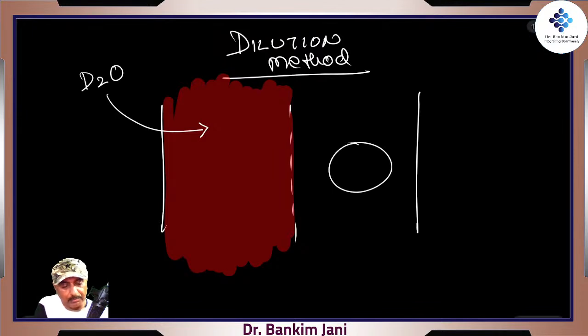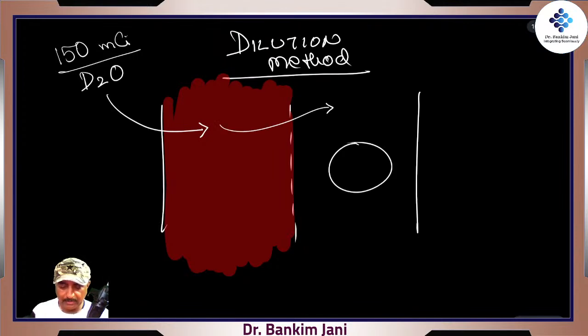So let's say we inject 150 millicurie of D2O. What would happen? This D2O will go into the blood. From blood, it will go into the interstitial fluid, and then it would also go into the intracellular fluid. That means it will go everywhere. It is distributed through and through into the entire body.